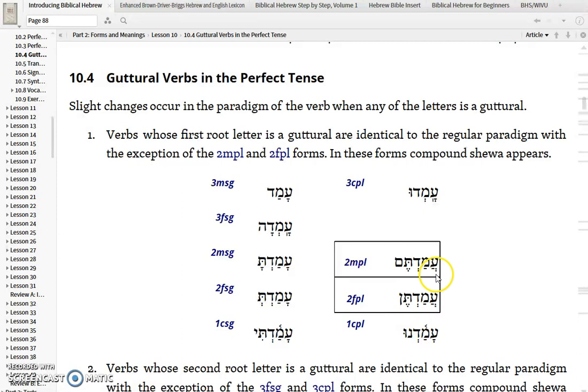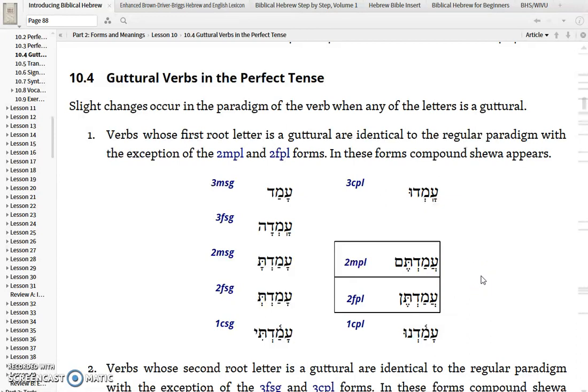Well, you can't put a simple shewa under a guttural, and the first consonant of this root is an ayin, so we call this a first guttural verb. The first consonant of the root is the guttural, and since it can't take a simple shewa, it takes a hataf patah instead.